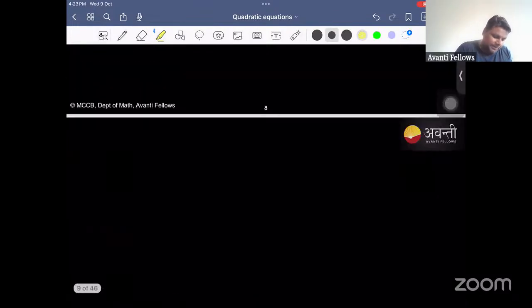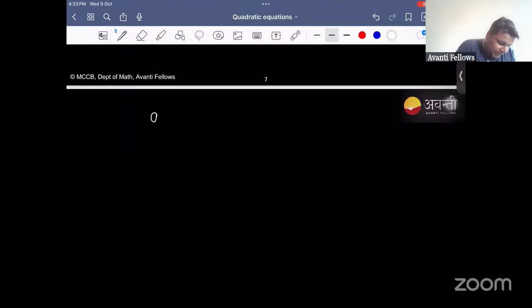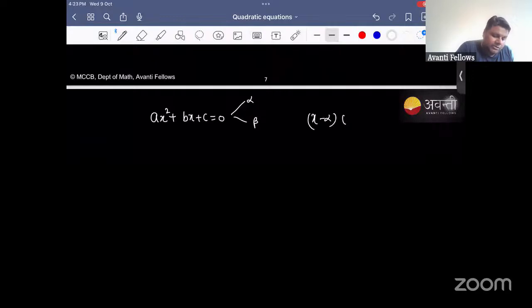Now see one thing, let me prove it for you. Say you have a quadratic equation ax square plus bx plus c equals 0. Let its roots be alpha and beta. Now there is another quadratic, I write say (x minus alpha)(x minus beta) equals 0.